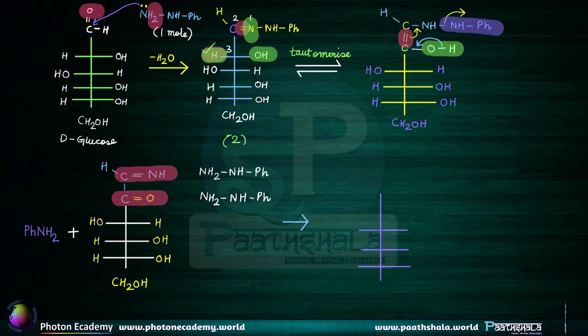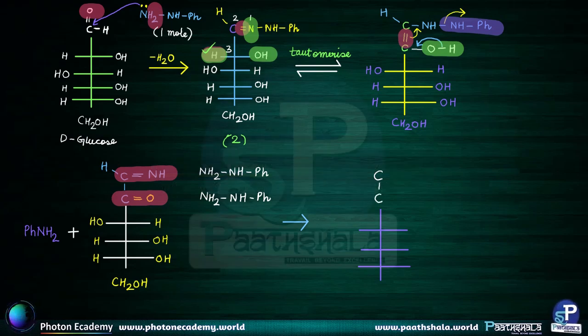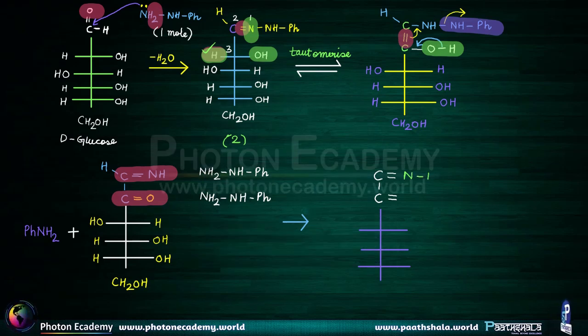And now this particular C double bond is going to get attached to this hydrogen, and let us see how it is going to do that. So what are we left with? We have C over here and another C accompanying it, and we've got a double bond and a double bond over here. Now let us see what is going to come next to this double bond. We have an N, that is a nitrogen, accompanied by an NH group and a Ph group.